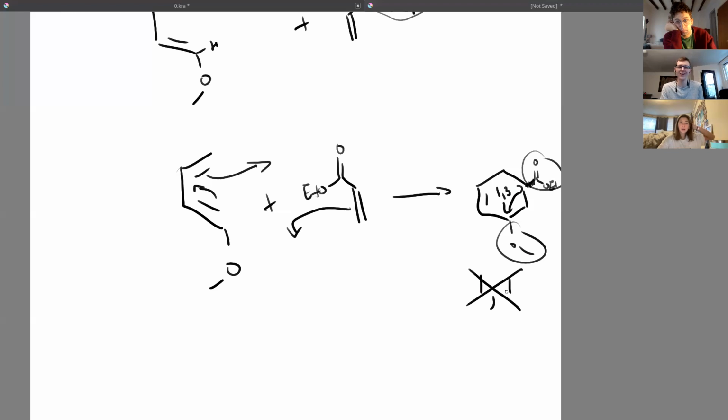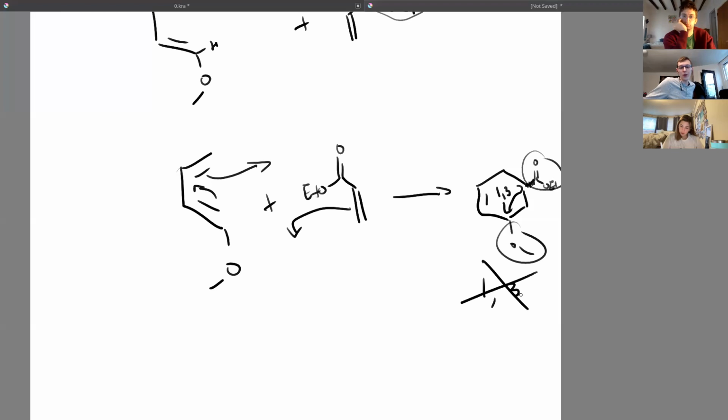Don't you have to line up the partial negative, partial positive before you add them together? Exactly. So the point is, if you ever get a 1,3 substituted product, you did it wrong. You cannot get 1,3 substituted products, as far as I'm aware, in all of the problems that I've ever seen. If you have some really freaky substituents, maybe something bad can happen.